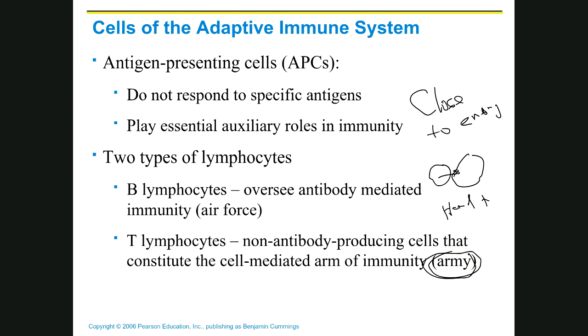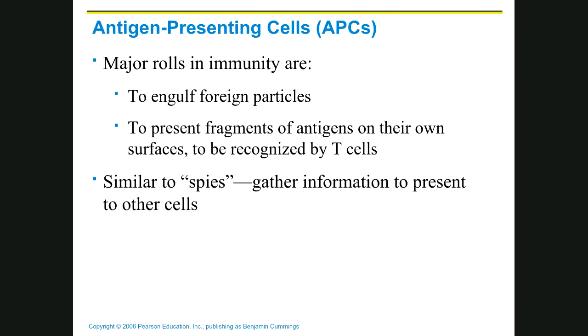So we're going to see three different types of cells. Let's look at these antigen-presenting cells first. Antigen-presenting cells are a little bit like spies that gather information. The way they do that is they eat stuff. They eat foreign particles.